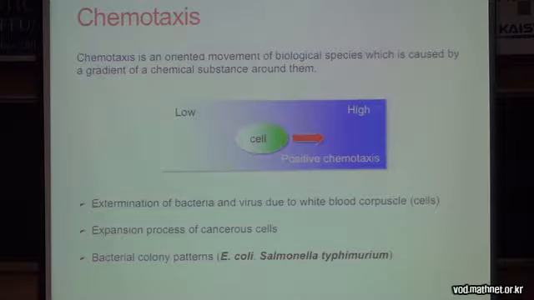And the most popular chemotaxis effect is the following: the bacterial colony patterns. In particular, some bacteria, for example, E. coli and Salmonella, such types of bacteria make some beautiful, regular colony patterns.